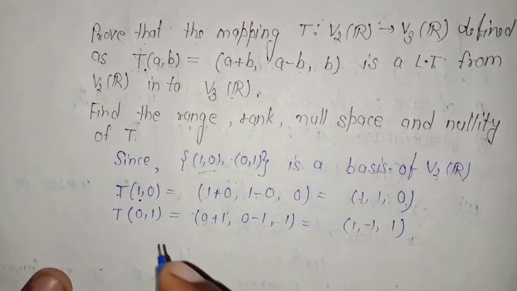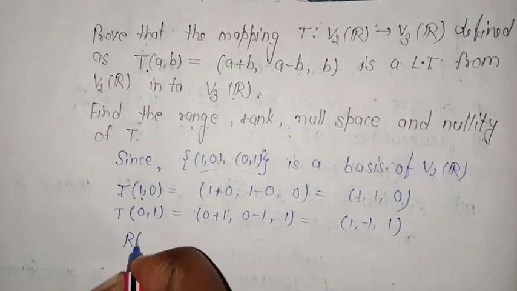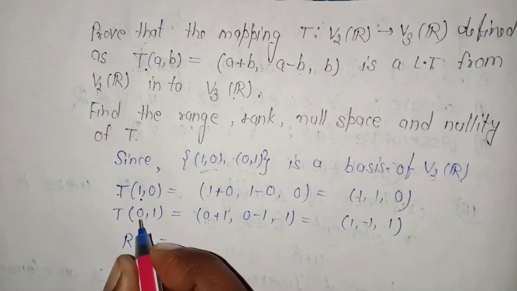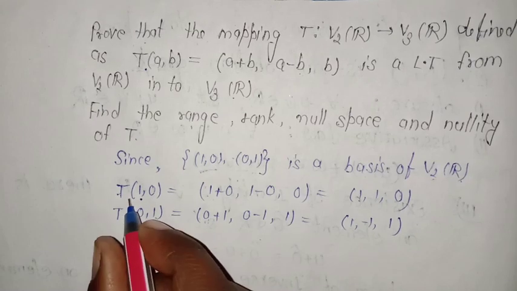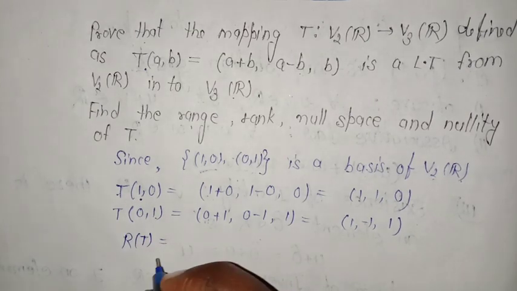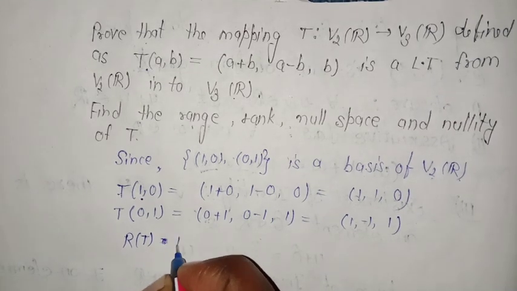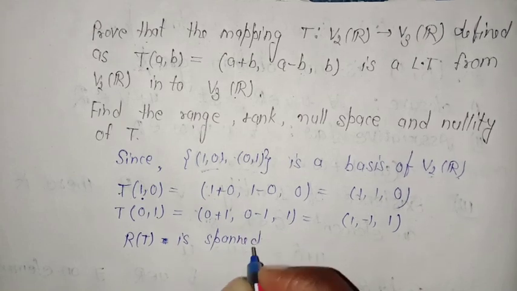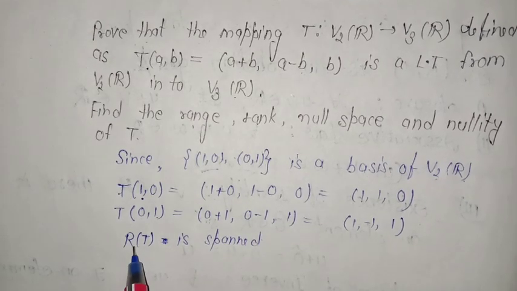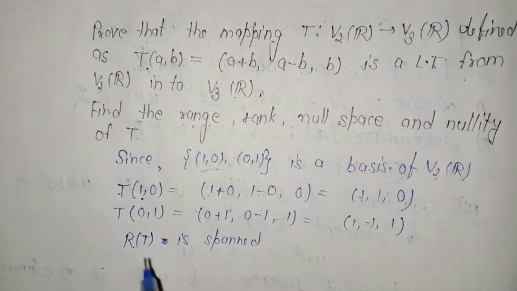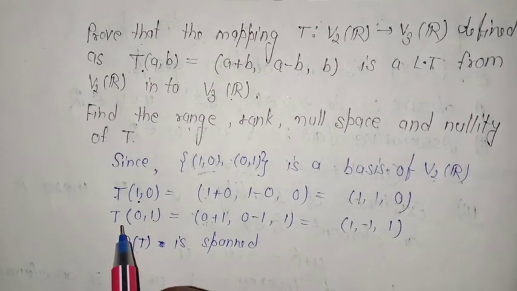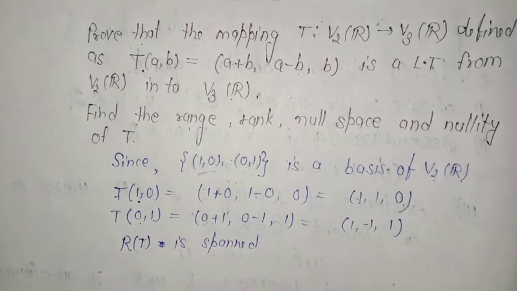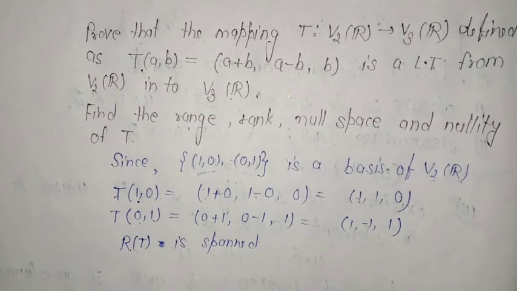Now we know that the range of T is spanned by these two vectors, that is the images of (1, 0) and (0, 1) under the transformation T. So R of T is spanned by them. By spanning we mean that each element of R of T can be written as a linear combination of T of (0, 1) and T of (1, 0). So that's the meaning of spanning.